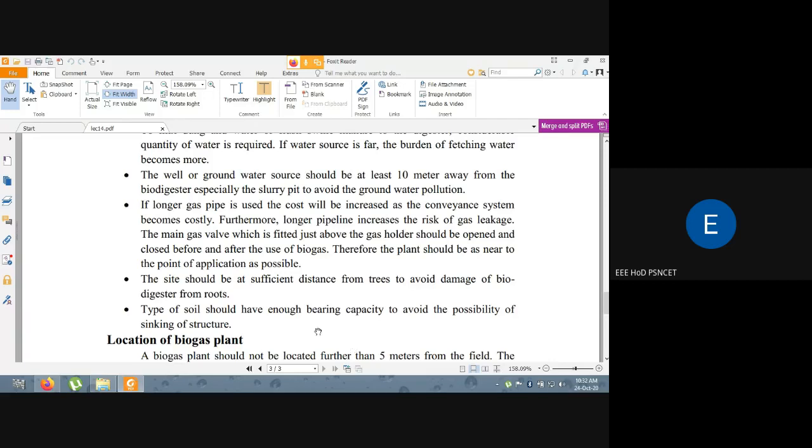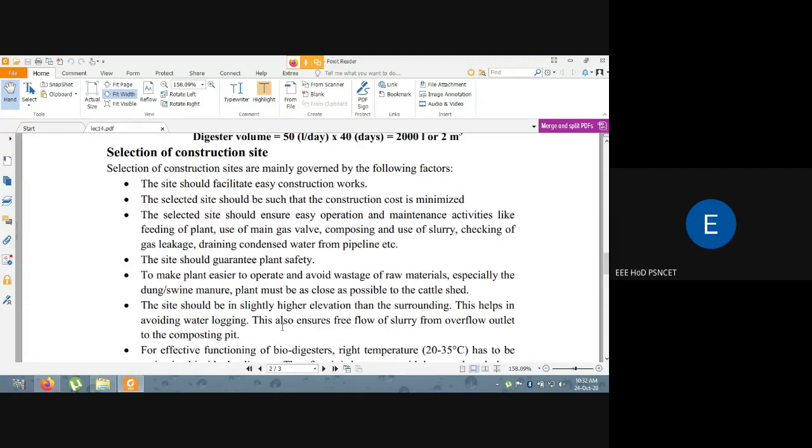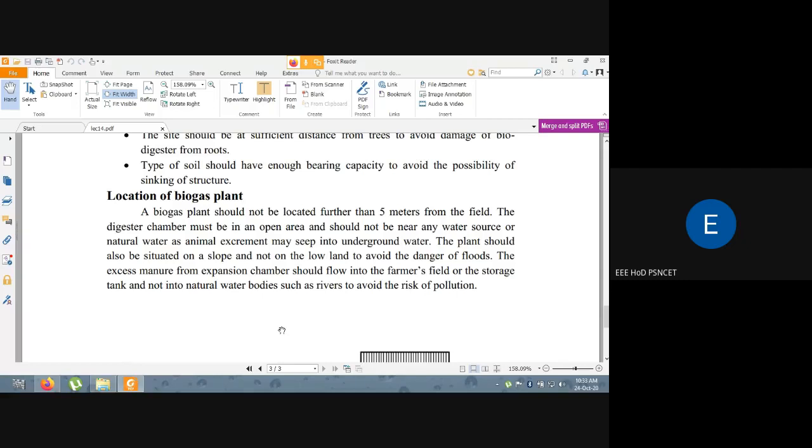The ultimate concept is to find out the bearing capacity of the soil. Okay, these are some important factors for selecting the location of a biogas plant.